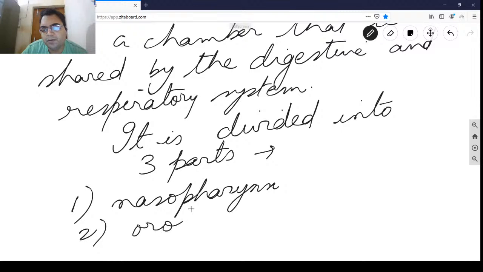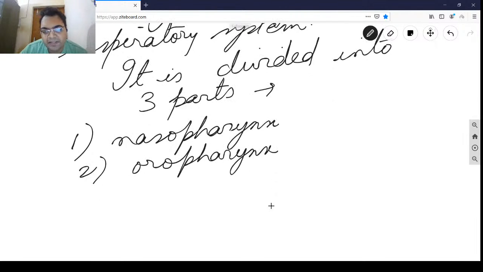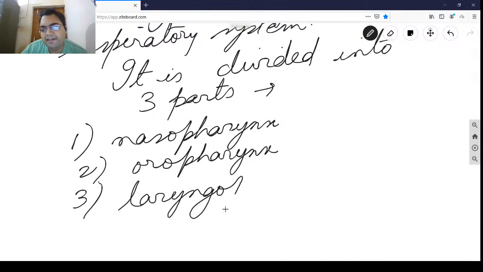Number two is the oropharynx. Number three is the laryngopharynx. This specific classification or nomenclature is asked in the examination. So it all starts with the nasopharynx, then you come to the oropharynx, and then the laryngopharynx, which is close to the larynx or voice box.